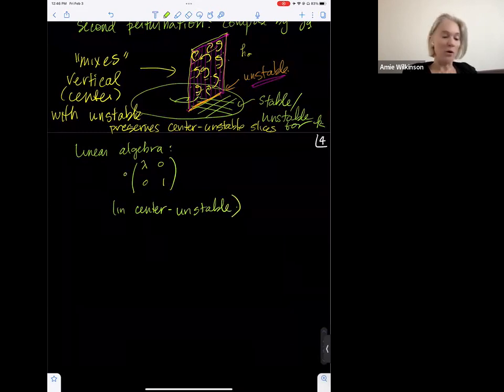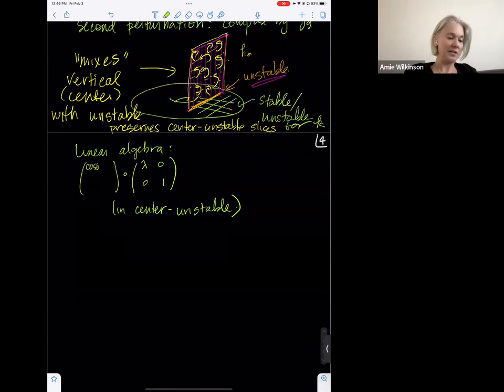And I'm composing it with some kind of rotation, like cosine theta, sine theta, minus sine theta, cosine theta, something like this. What does this rotation do to the eigenvalues of this matrix?